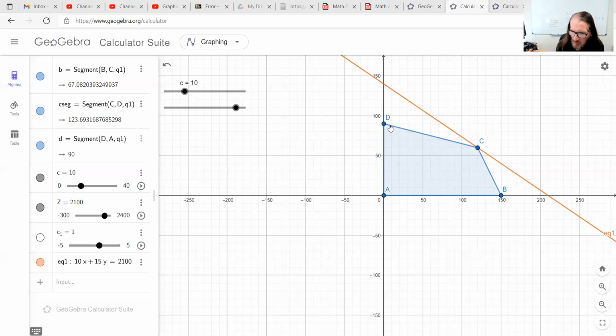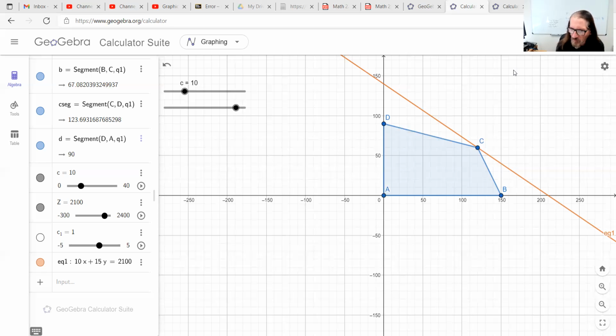In fact, both points C and D would. Or I could make the slope of the objective function match up with the segment connecting points B and C. This would also change the maximum value, and yet any point along the segment from B to C would produce the maximum.